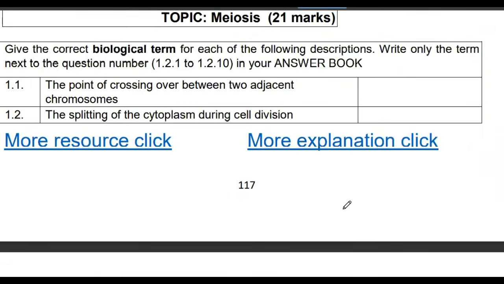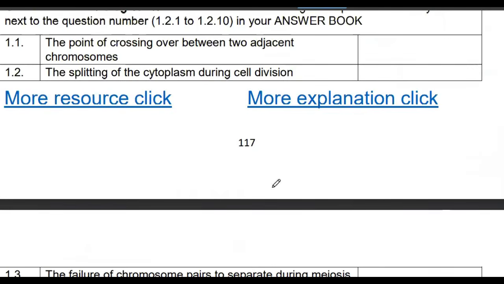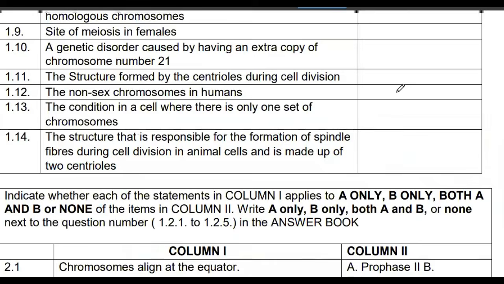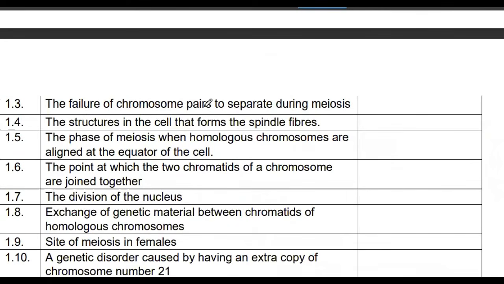When you go to meiosis, there is a point where crossing over takes place. We call it the chiasma. Splitting of the cytoplasm, we call it cytokinesis. Okay, we can answer them. Failure of the chromosomes to separate during meiosis is non-disjunction.